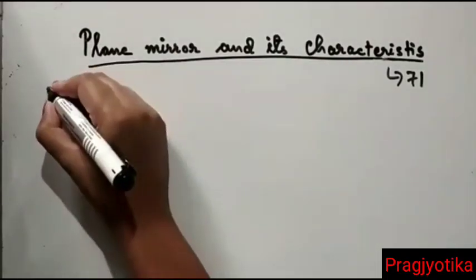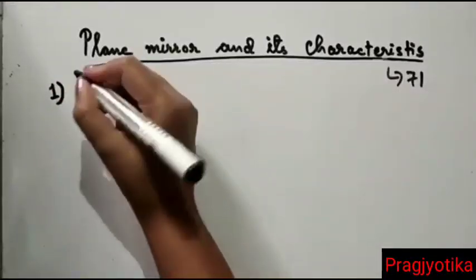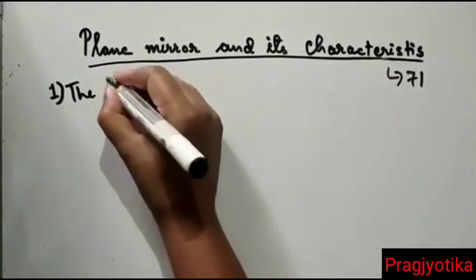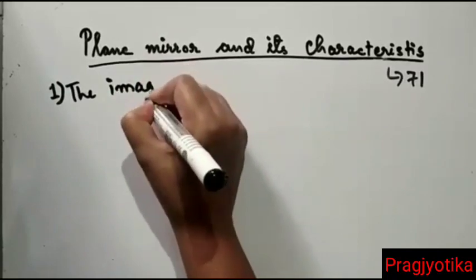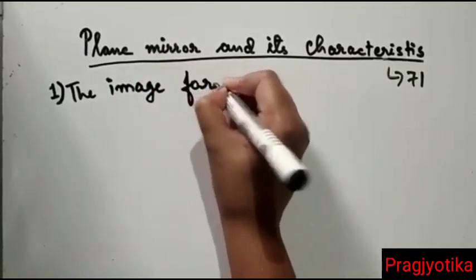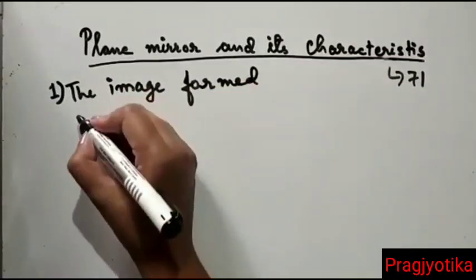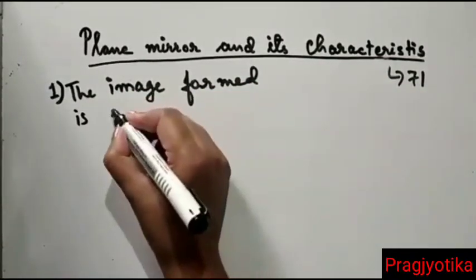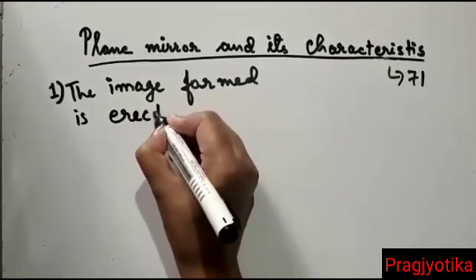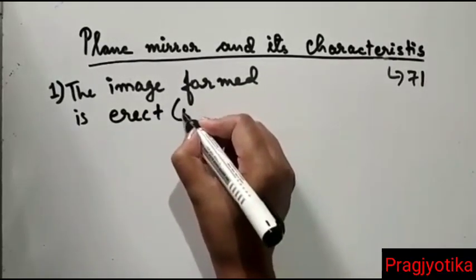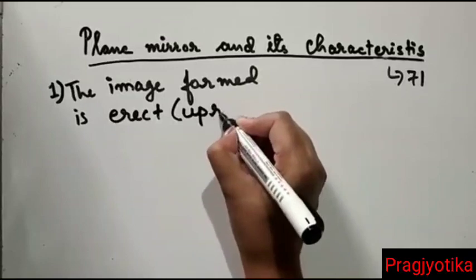The first characteristic is the image formed by a plane mirror is erect. Erect means upside up or upright.